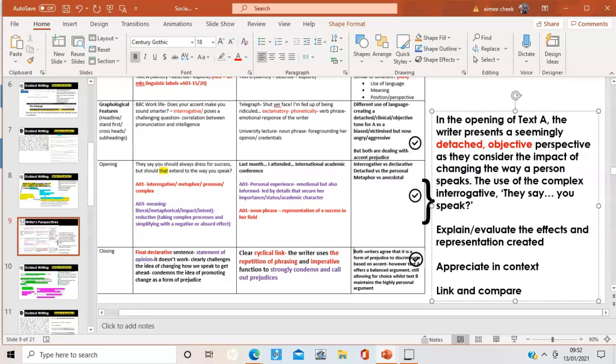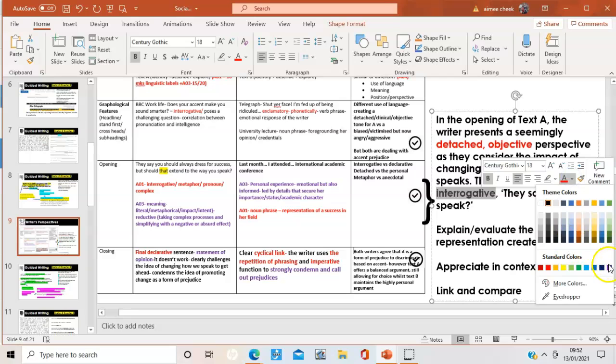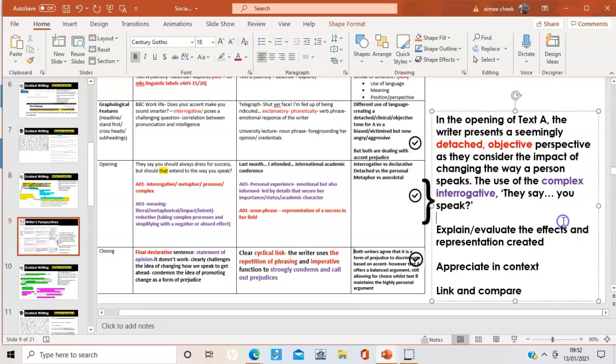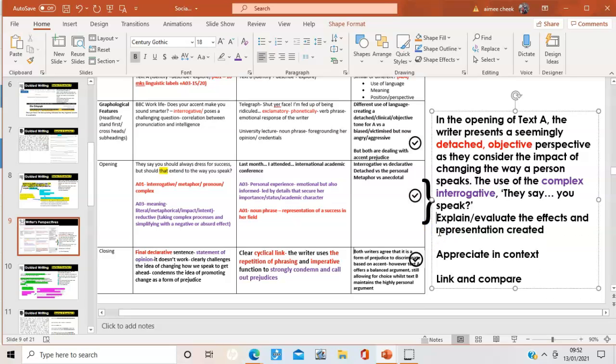So the use of the complex interrogative, they say, you speak. So there's my language labels for the D. Just going to use a slightly different color. Okay, I'm happy because I've got my quote in. That's the D element. So sometimes the describing of the language is shorter. We embed it, we integrate it, and often it can be linked directly into the E, the explanation.